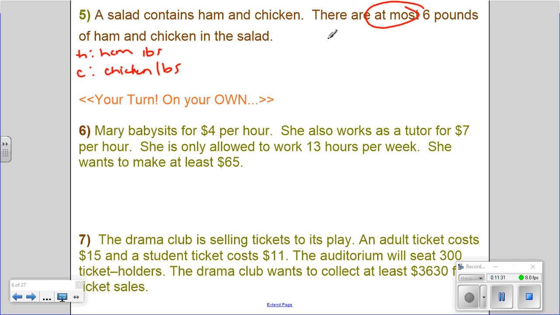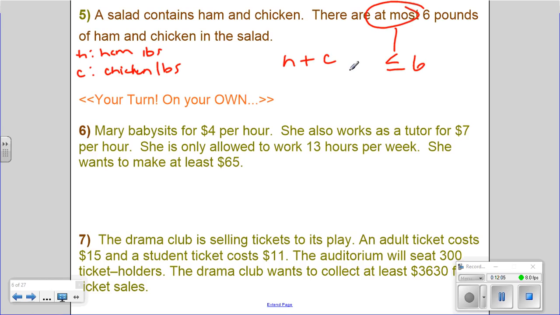So we know they're at most. At most means less than or equal to. And we're less than or equal to 6. So together combined, the pounds of ham and the pounds of chicken is 6. So H plus C has to be less than or equal to 6.